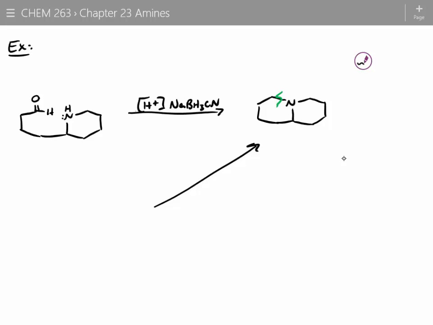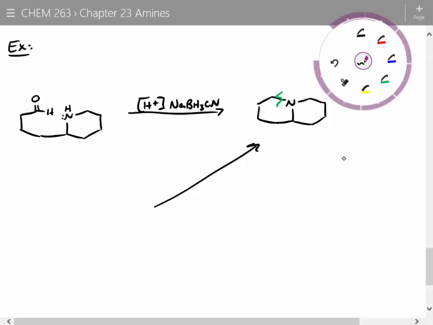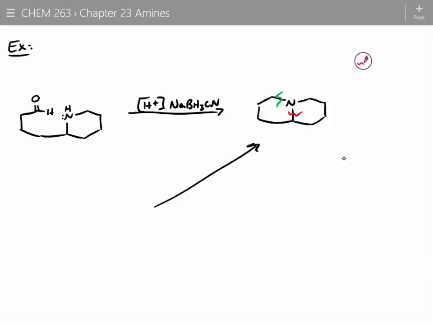Let's try cutting that one, and then see what the compound would look like then. Yeah, like that.